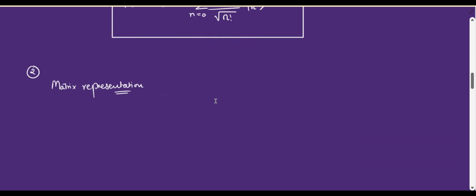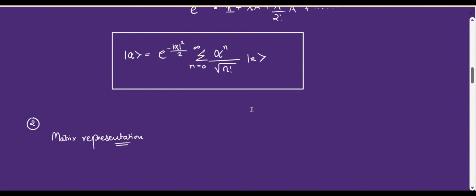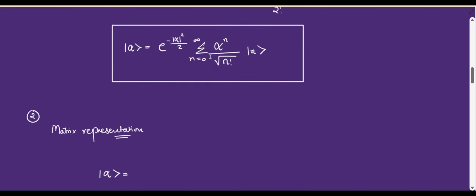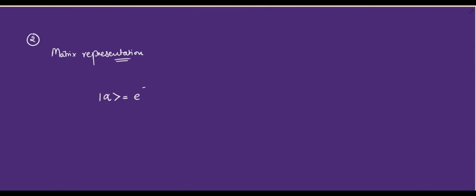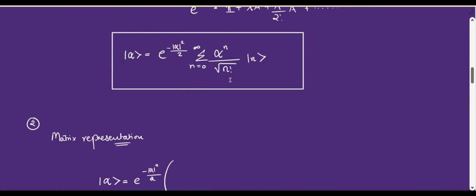And we just saw that the coherent state is a superposition of all the single mode Fock states. So I can write |alpha⟩ is equal to e raised to minus mod of alpha square by 2, let's take it out common. Let's first put n equal to 0.